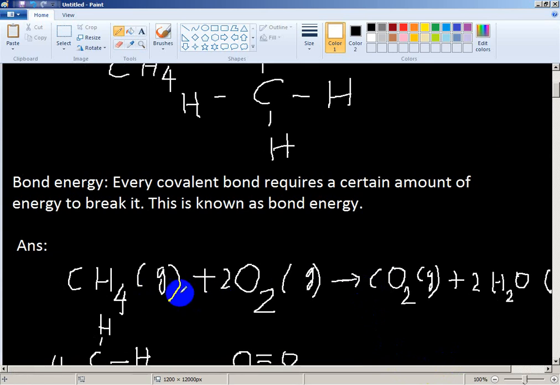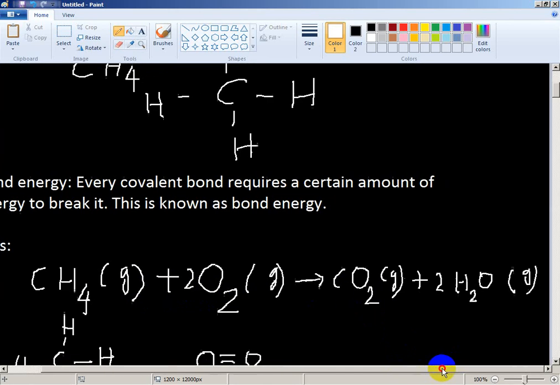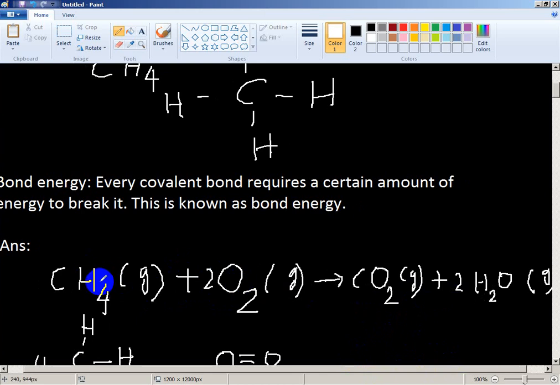Bond breaking occurs in reactants, and bond formation occurs in the products. We know during bond breaking, is energy needed or released?